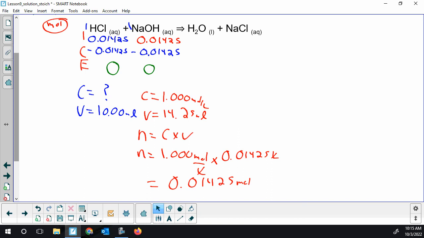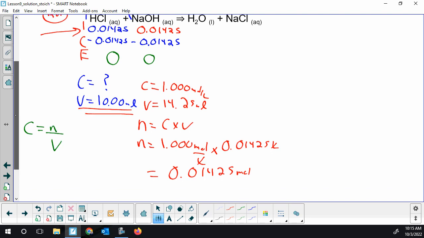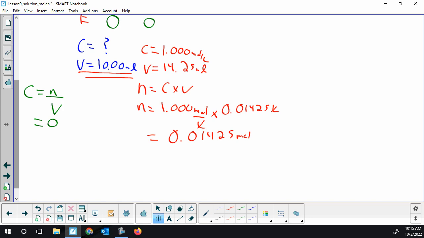So we're almost done. We know the volume of HCl. We now know the moles. We have everything we need to get the concentration of HCl. Concentration is moles per volume. I'm going to do amount concentration.